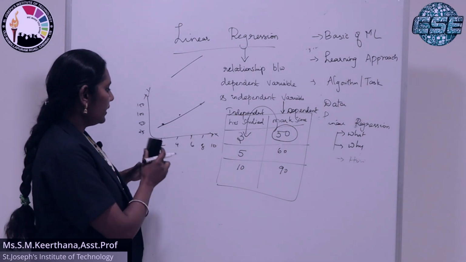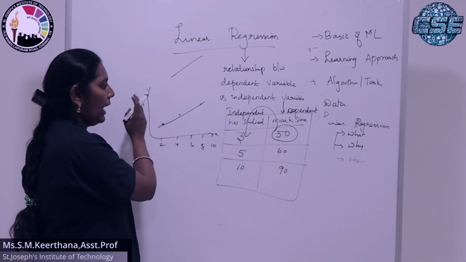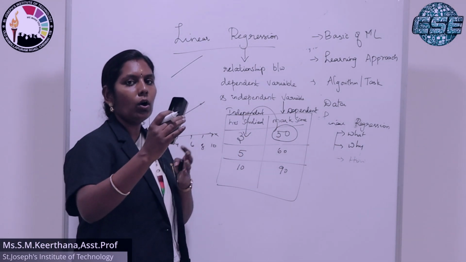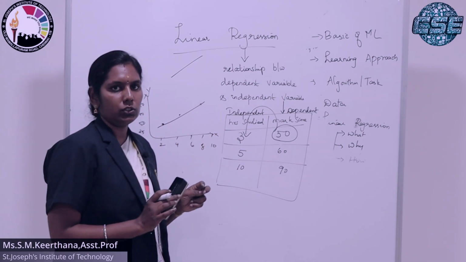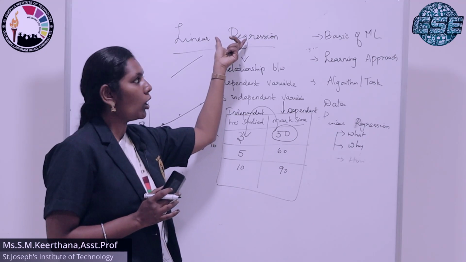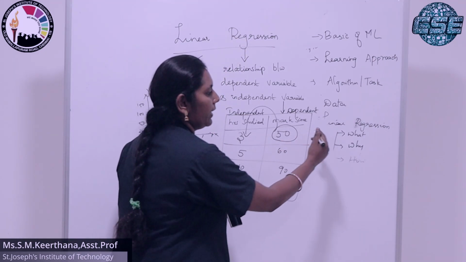This says that there is a linear relationship between the independent variable and the dependent variable, that is, the output is either increasing or decreasing with respect to the input. So this we call linear regression. I hope now you have a clear understanding of the naming of the topic linear regression. Now we will get into the concept. Hope I have answered this.